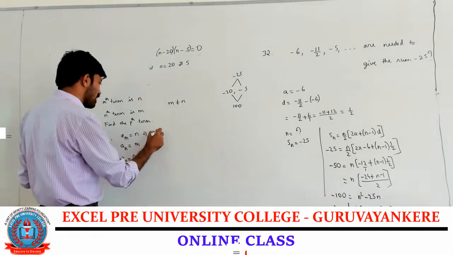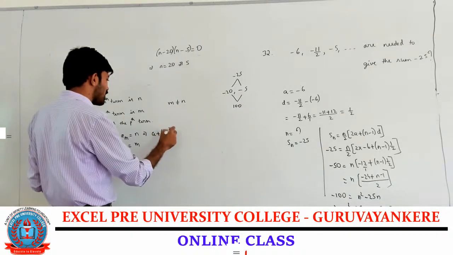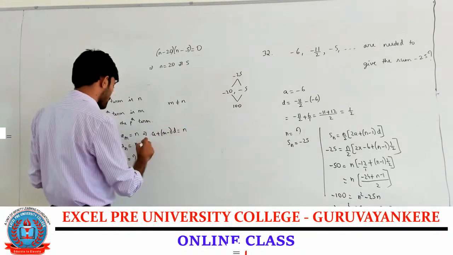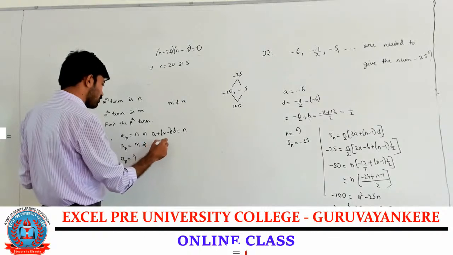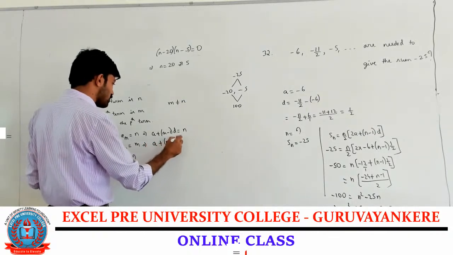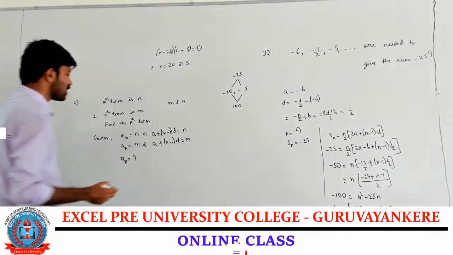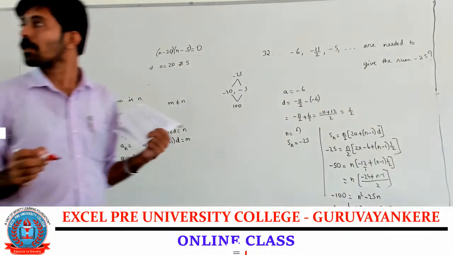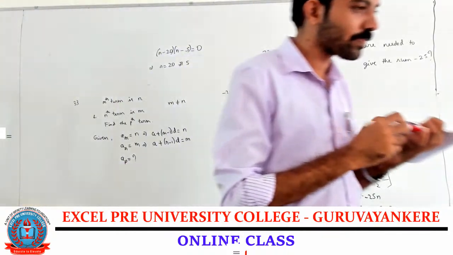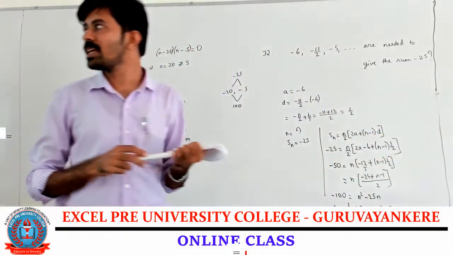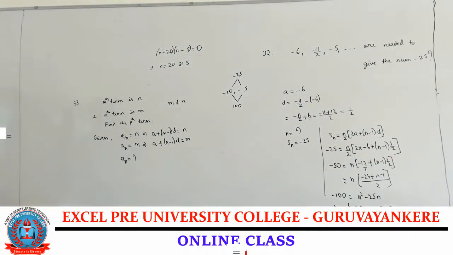Mth term is a plus m minus 1 into d equal to n. Nth term is a plus n minus 1 into d, which is equal to m. To find the pth term, you must know the first term and common difference.